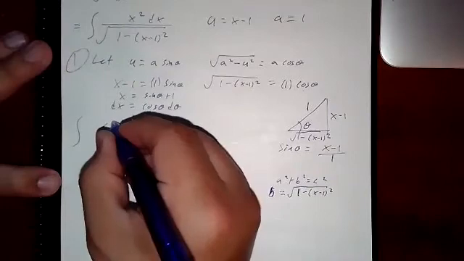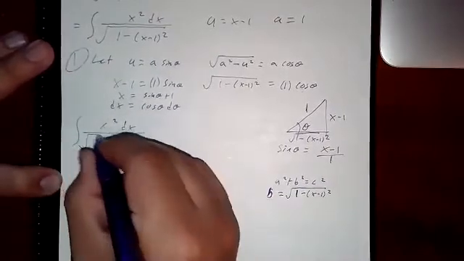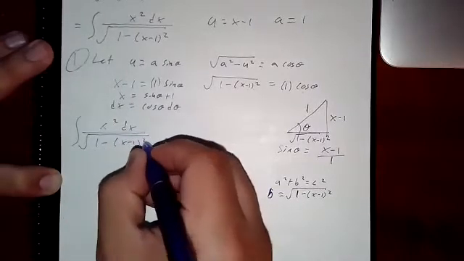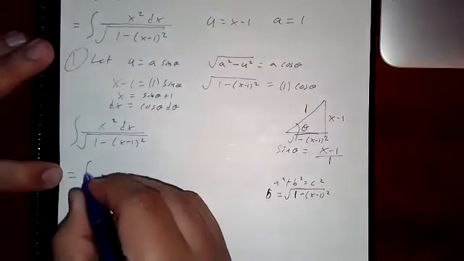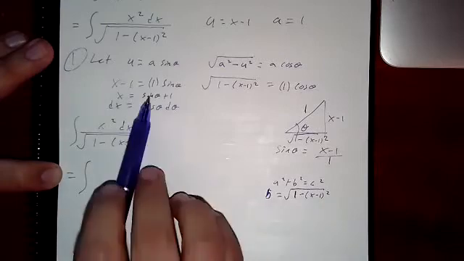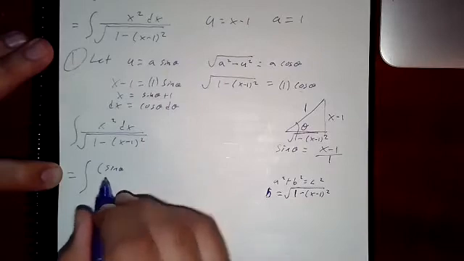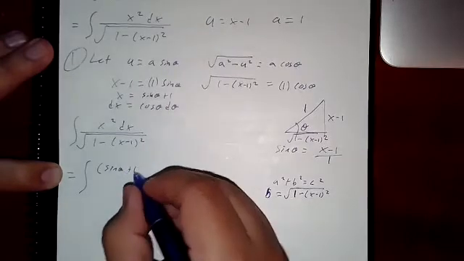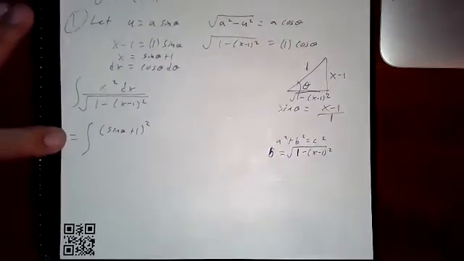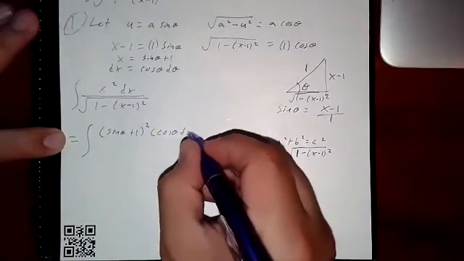All right, so we're right here: x squared dx over the square root of 1 minus (x minus 1) squared. x is sine theta plus 1, so that'll be (sine theta plus 1) squared. That's what x is, right? dx is equal to cosine theta d theta.